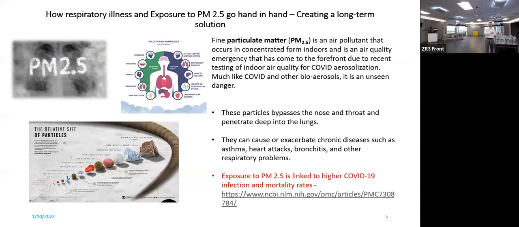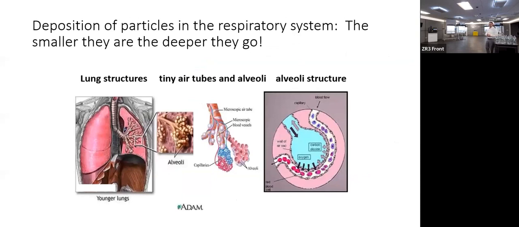And again, as I mentioned a couple slides previous to this, exposure to PM 2.5 is actually linked to higher, not just COVID-19 infections, but overall respiratory infections and mortality rates. And I have a citation from the NIH, which explains that in a little more detail. But as we talk about breathing in those pollutants, when you look at the lung and how it's developed, you have the alveoli, which are these little pockets deep in the lung sac.